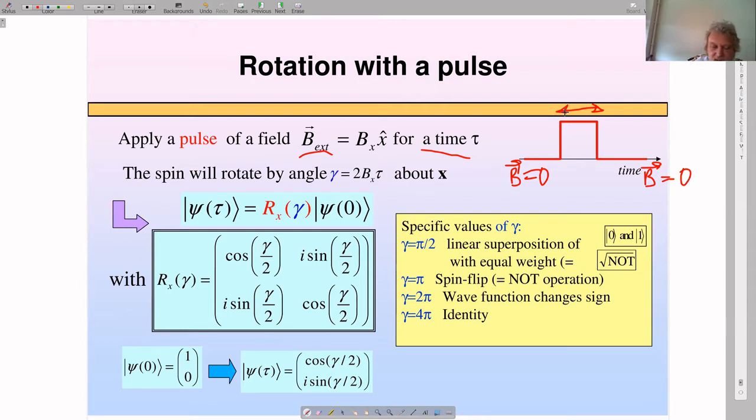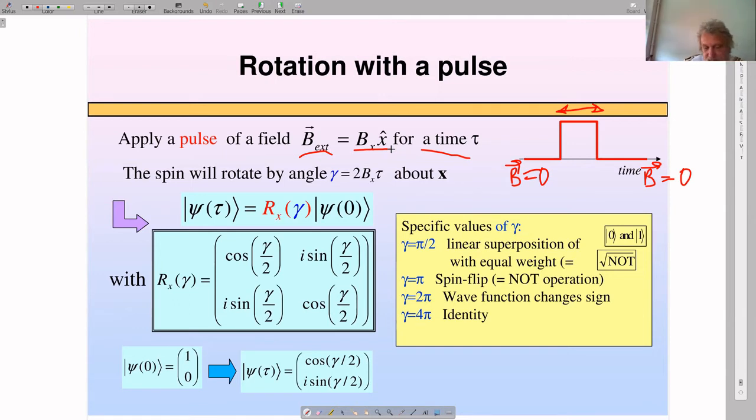The pulse would make the spin of the qubit rotate about this axis. In this case, we think of the x-axis, so it will change the states in a perpendicular plane.